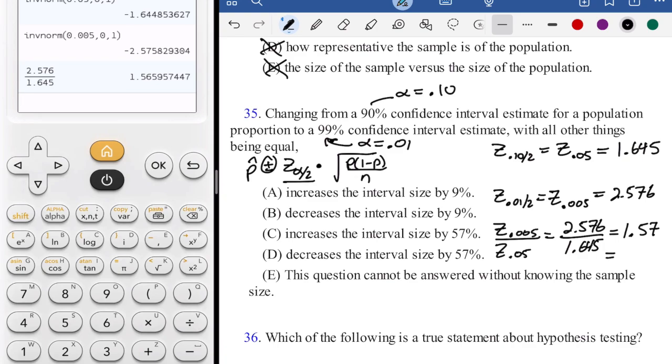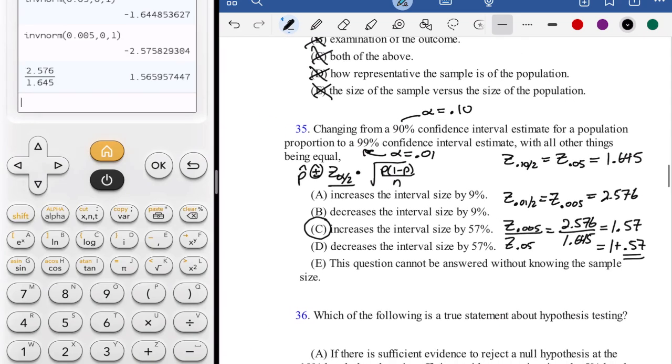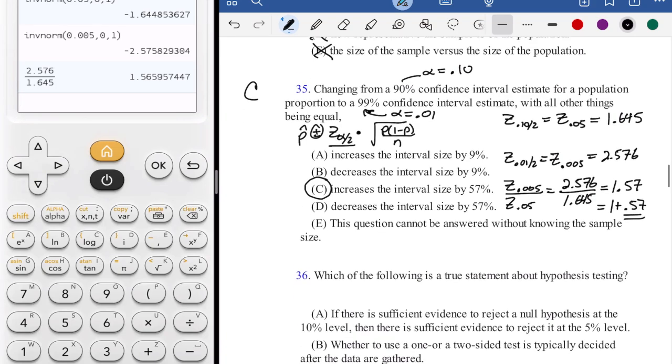So in terms of a percent increase, that's 1 plus 0.57. The 1 represents the original quantity, so I'm thinking percent change. The 0.57 would be a 57% increase. If it were 0.43, it would be 1 minus 0.57, and that would be a decrease. But in this case, it's an increase.